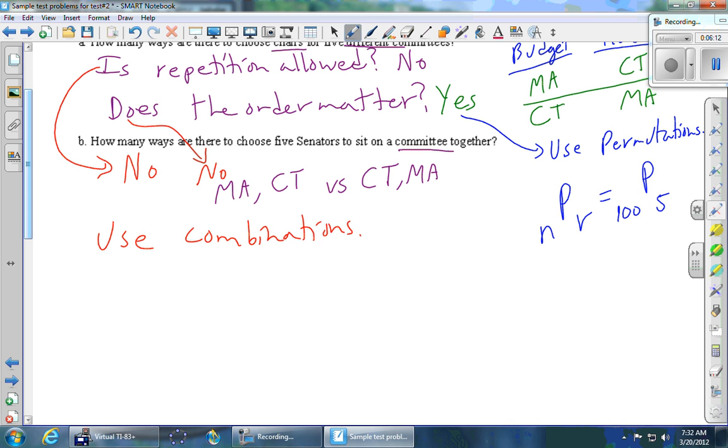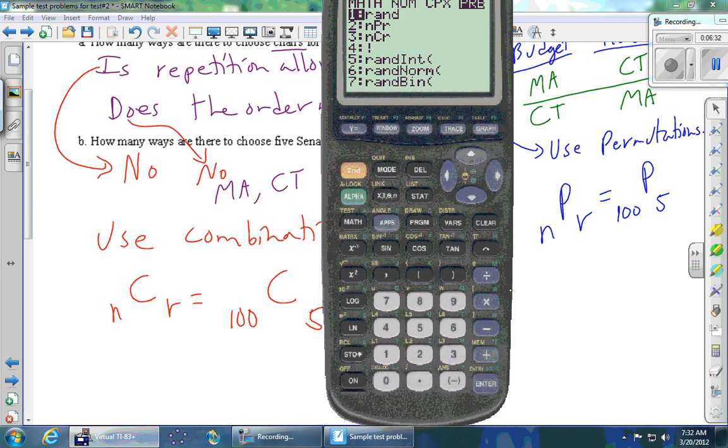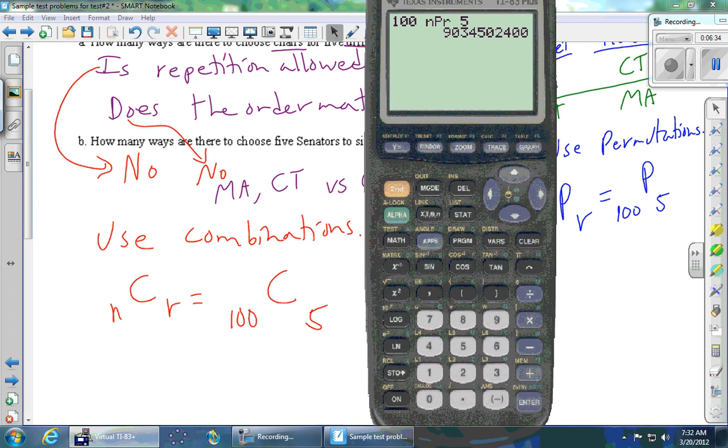And once we've decided to use combinations, pretty much all the work is done up above. The rest of this is going to be easy. We've got an nCr in this case. Same 100 senators, still picking 5 of them now to be on a single committee together. 100C5 is the answer, and you can leave it like that for this problem, but just so that we see a number, we'll go ahead and pull up 100C5.